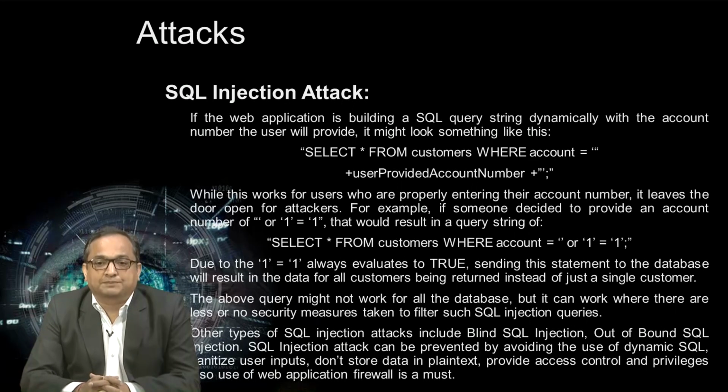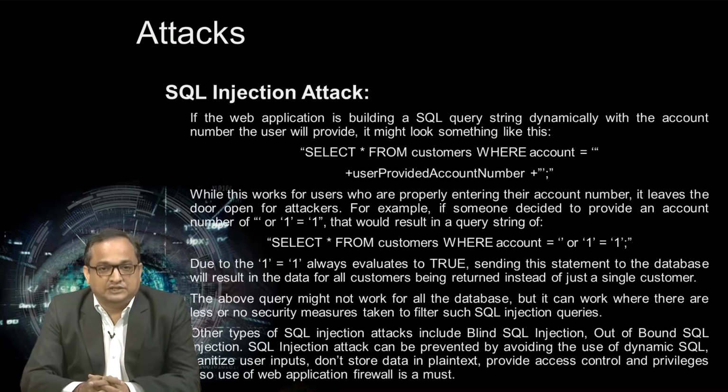For example, if someone decided to provide an account number of 1' or '1'='1, that would result in a query string of SELECT * FROM customer WHERE account = '1' or '1'='1'. Since 1=1 always evaluates to true, sending this statement to the database will result in the data for all customers being returned instead of just a single customer.